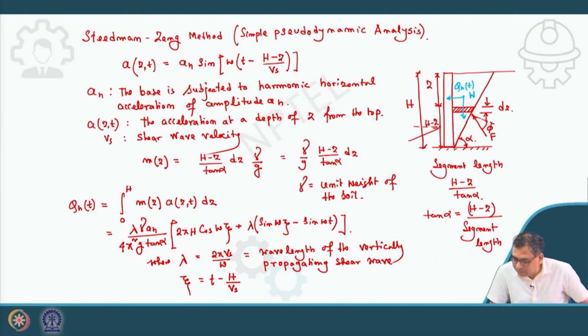PAET, now a function of t, will act at an angle of delta. This height, small h, is the point of application.